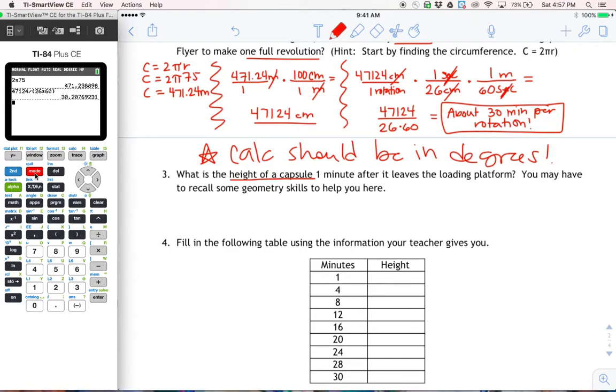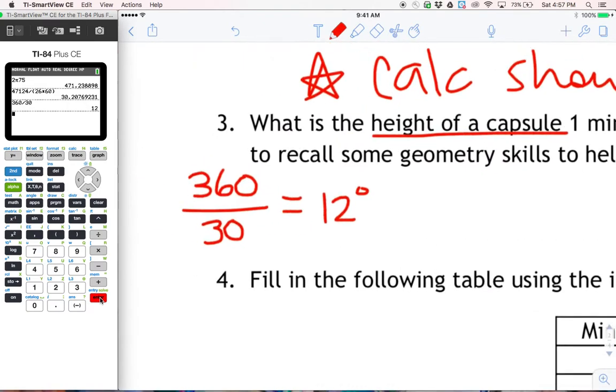And remember, it's traveling in a circle. Okay, well, if it's traveling in a circle, that is 360 degrees. And it's going to take us about 30 minutes to make that whole circle. So 360 degrees divided by 30, again, you can probably do this math in your head, is going to give us 12.